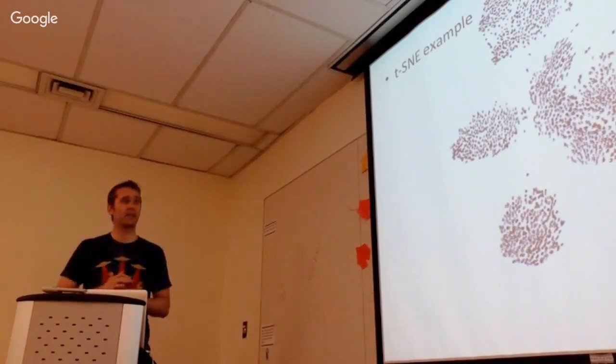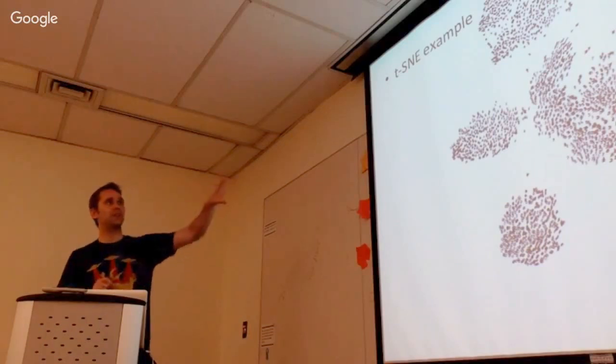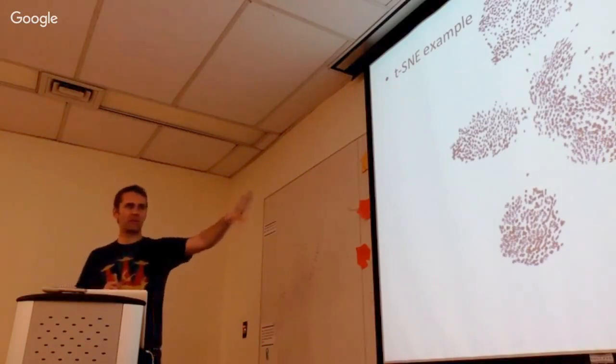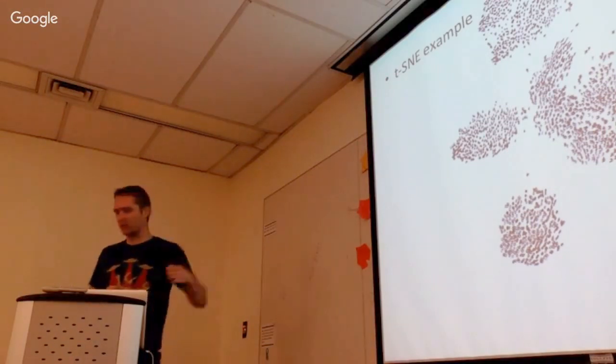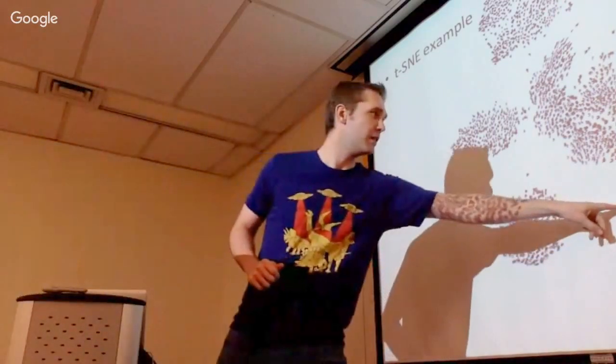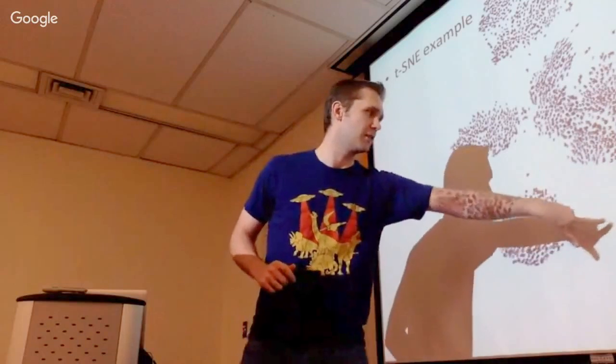The problem is that in t-SNE, what you get from applying this method is some arbitrary values. So just because this point is here and this is here, this doesn't tell you anything.